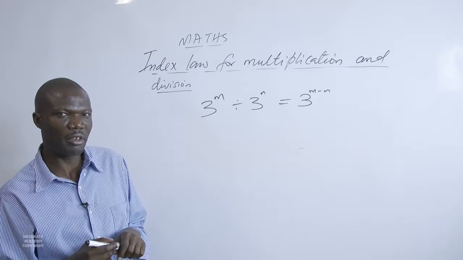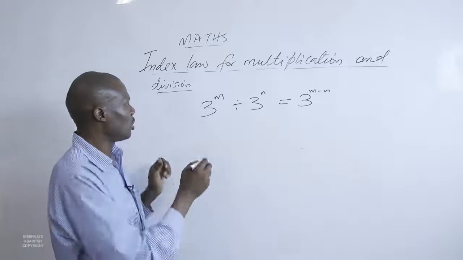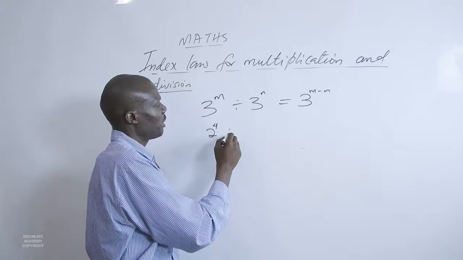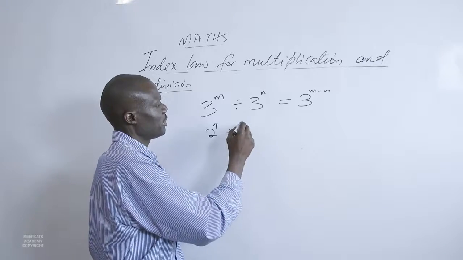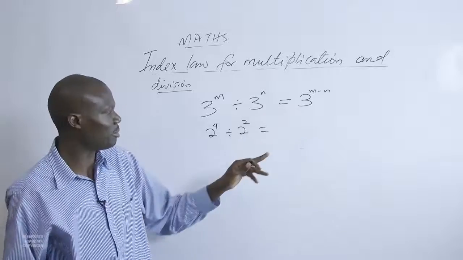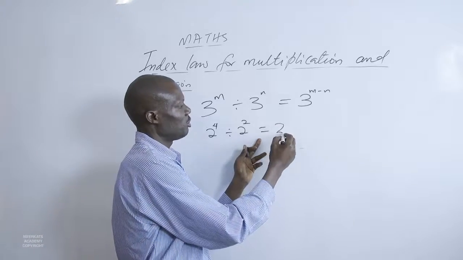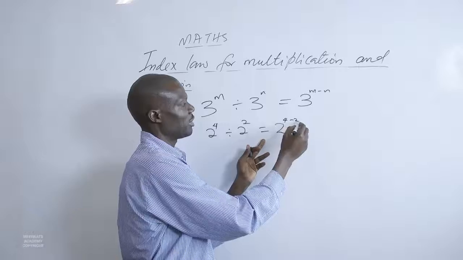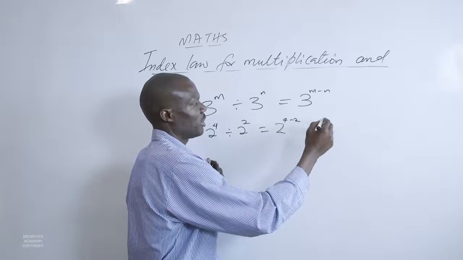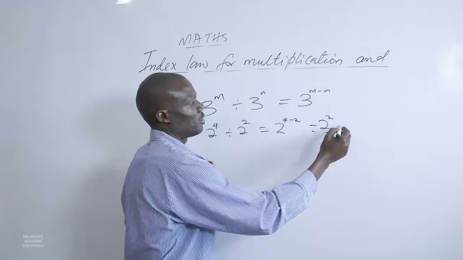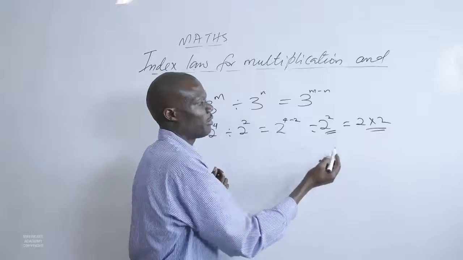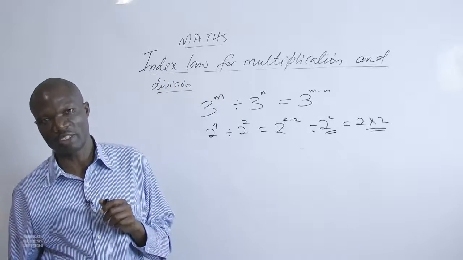Can you confirm if it's correct? 2 raised to 4 divided by 2 raised to 2. From this, the answer should be 2 raised to 4 minus 2. Is it true? This gives us 2 raised to 2, which is the same as 2 times 2. This is the expanded form. This is the index notation.